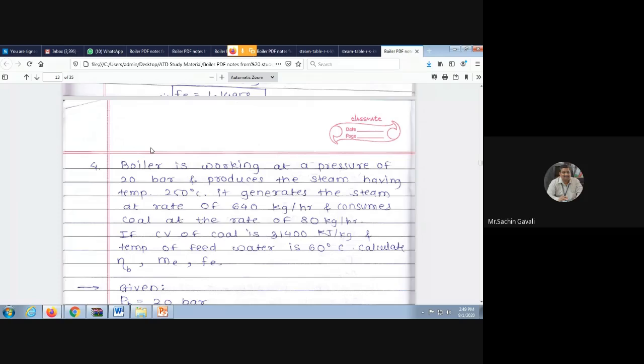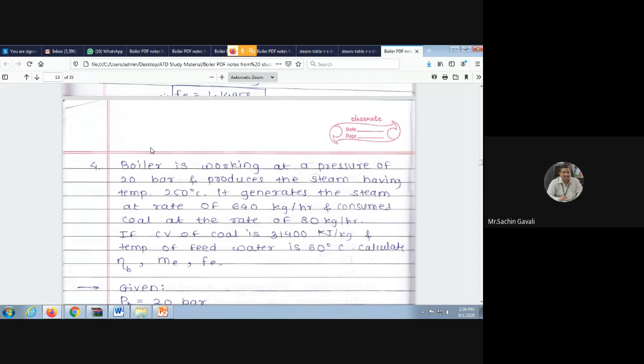If the calorific value of coal is 31,400 kilojoule per kg, and the temperature of feed water is 60 degrees Celsius, calculate boiler efficiency, equivalent evaporation, and factor of evaporation.